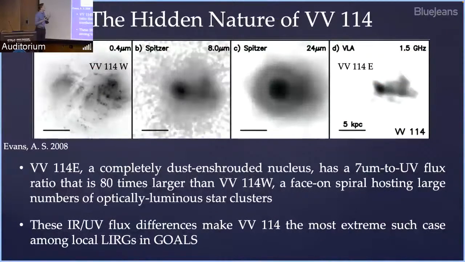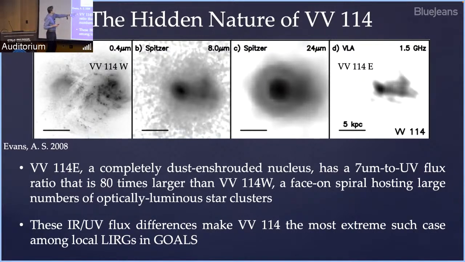Okay, so for VV114, VV114 East, which is the nucleus you see over there in the radio, is completely dust enshrouded. We essentially completely miss it in the UV and optical. And it has a 7 micron to UV flux ratio that is 80 times larger than VV114 West, which is primarily composed of these massive stellar clusters that you see shining brightly in the UV and the optical.